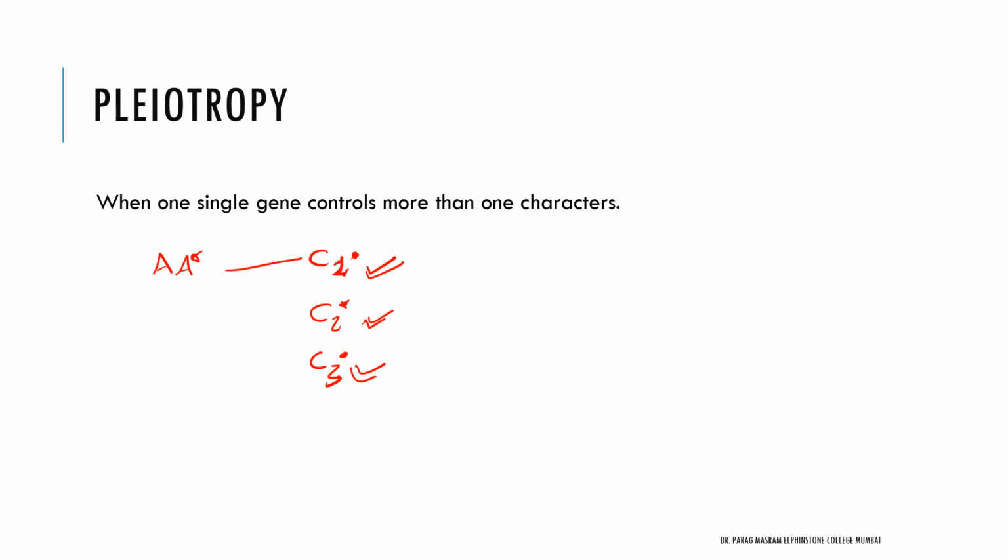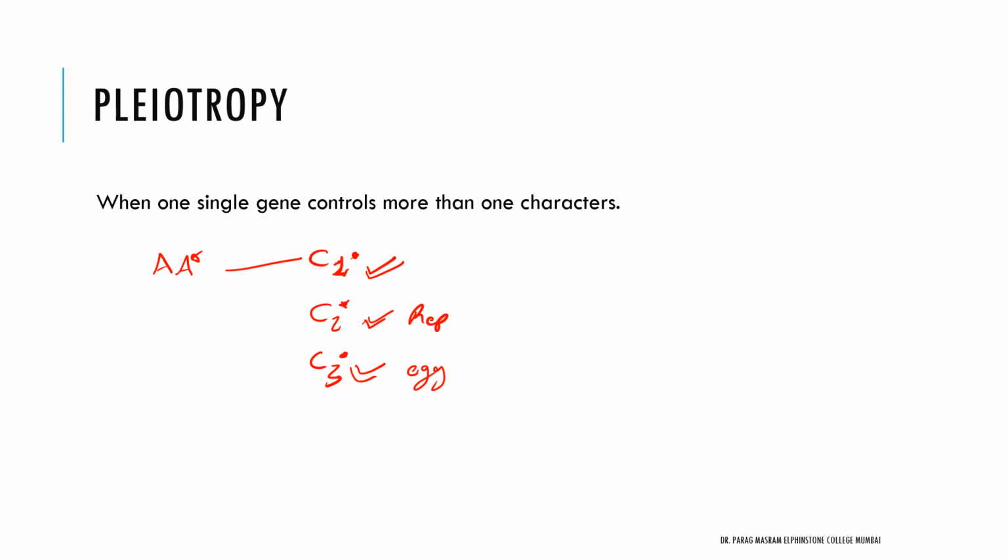It is found that the wings become vestigial, but along with the wing, other structures also become vestigial. For example, the reproductive organs of the Drosophila become vestigial, or the structure of the reproductive organ is affected, and also the longevity and the production of the eggs are affected.